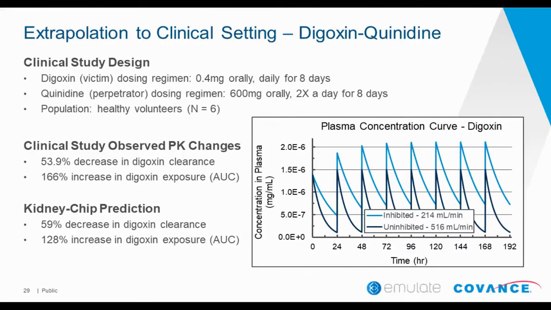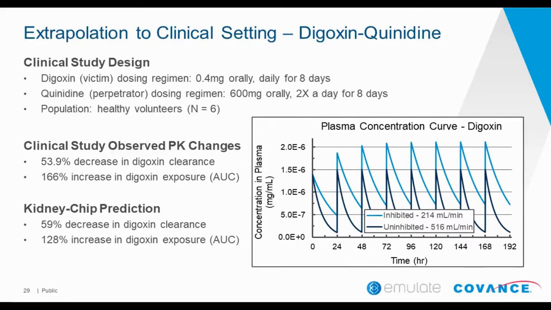However, because we're inhibiting that in the presence of quinidine, we do see accumulation within the clinic, and that is modeled very, very well within this experiment. So the kidney chip prediction basically sees a 59% decrease in digoxin clearance. The clinical study showed approximately 54%. So again, very well predicted there.